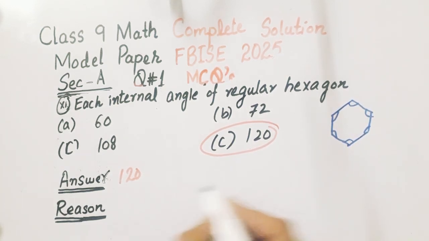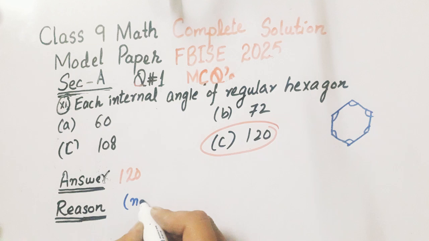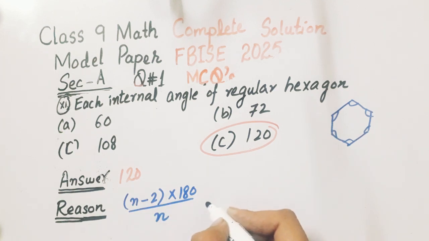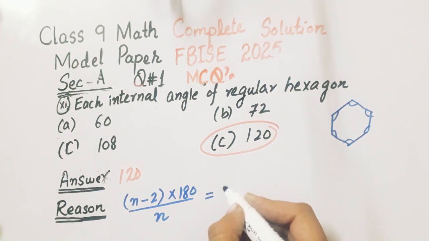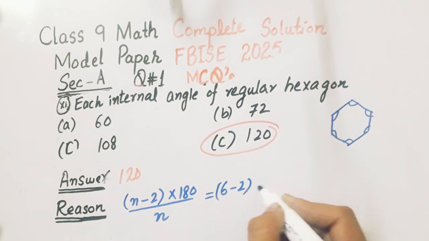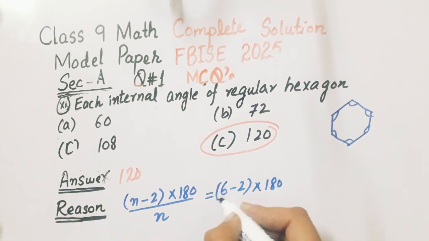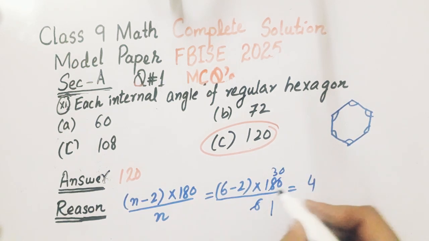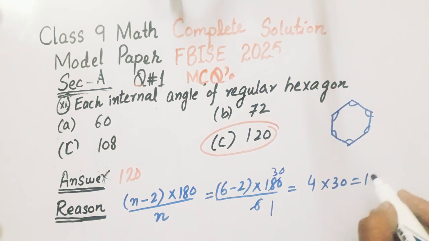We have the formula to find internal angle: n minus 2 multiplied by 180 by n. Here n is equal to 6. So 6 minus 2 multiplied by 180 by 6. So this will become 4 multiplied by 30, which is equal to 120. So this is the correct answer.